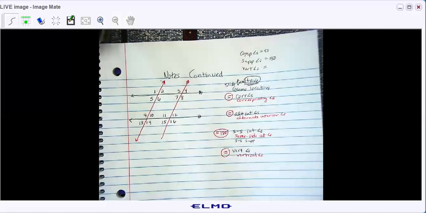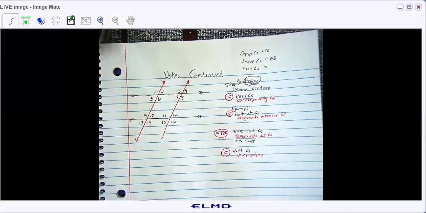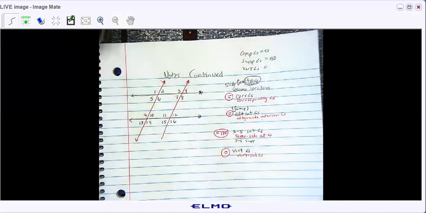Alternate interior angles, think of it like a jump. We're going to jump across the transversal. That's why we alternate. But notice the interior angles right here mean that they're between the parallel lines. If they're between the parallel lines, you only have 2 choices: alternate interior or same side interior.